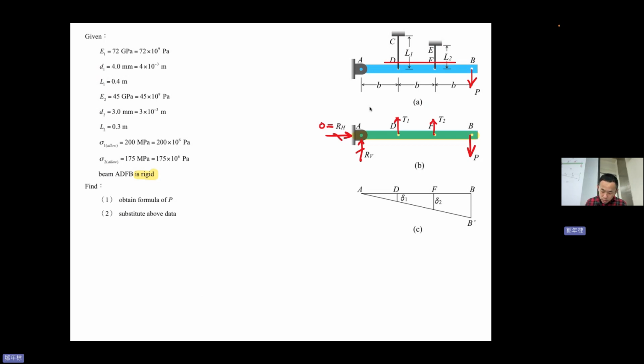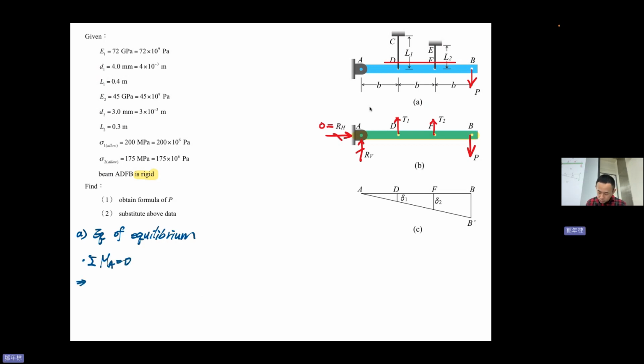So the equation of equilibrium. Summation of MA equal to 0.